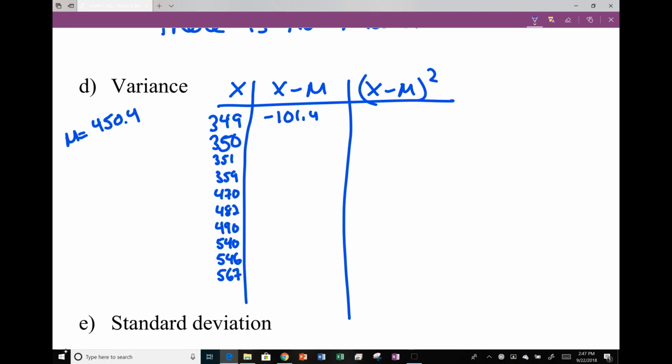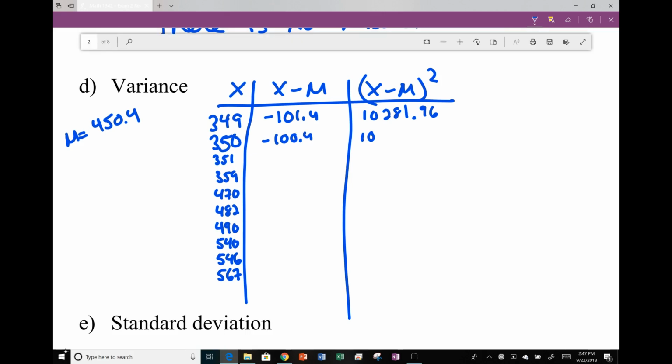For the third column, we're going to square that value, which is going to give me 10,281.96. Notice I'm keeping all of my decimal places here. And so we want to do this all the way down. So we get a negative 100.4. We're going to square that. We get 10,080.16.